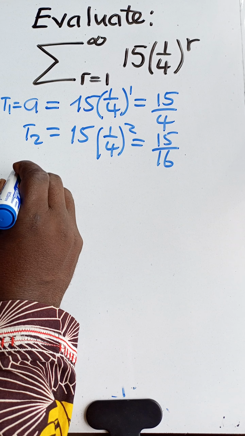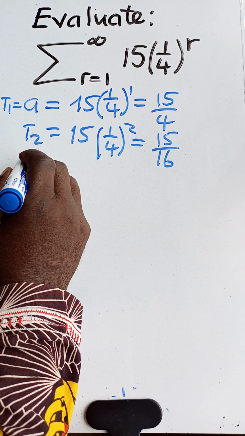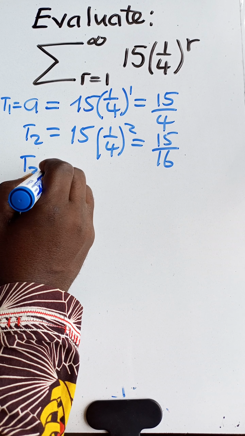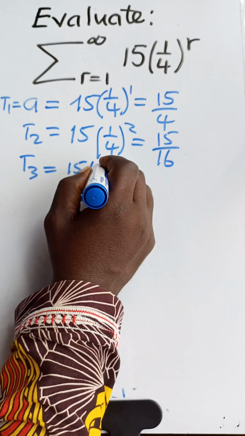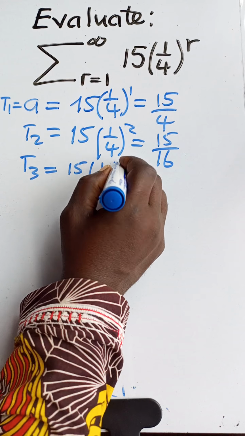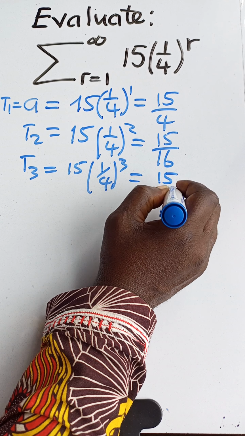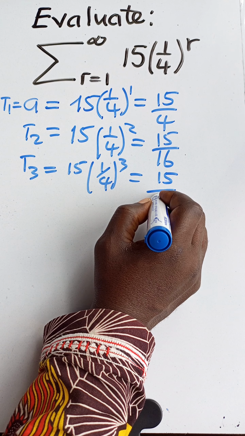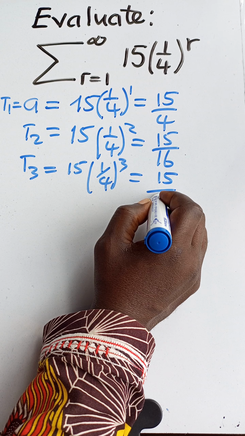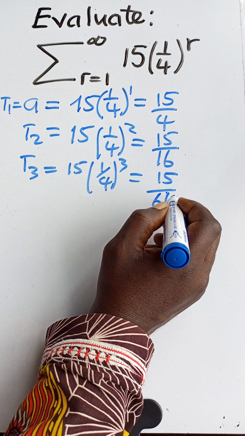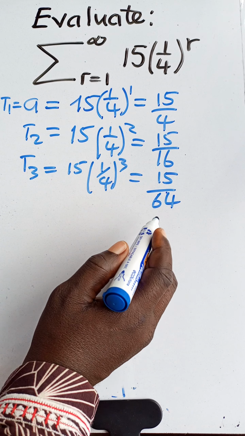Our third term is when R has the value 3. So we are going to have 15 all over 4 to the power 3, which is 64.